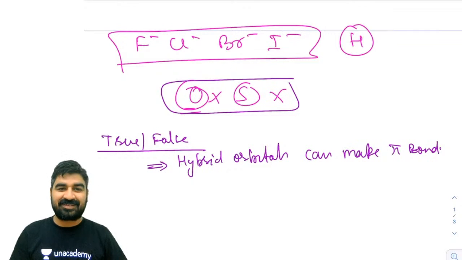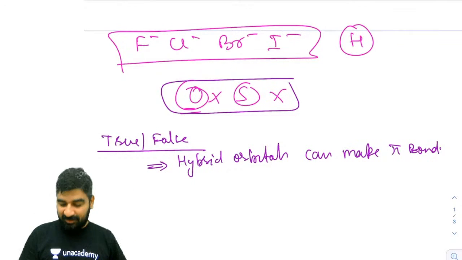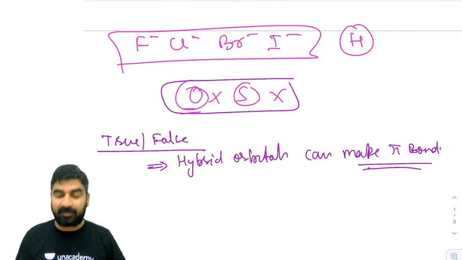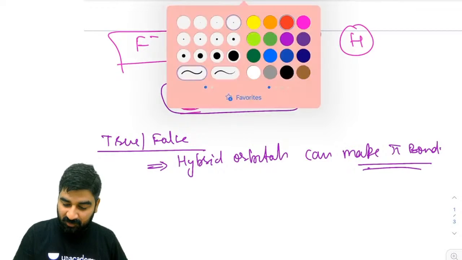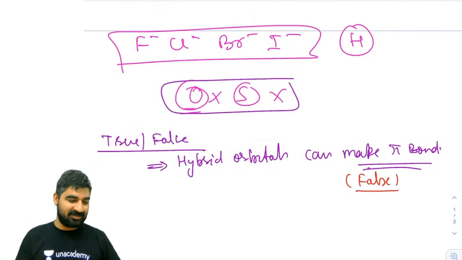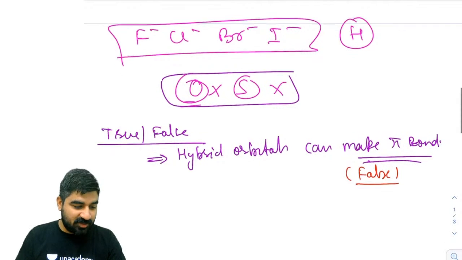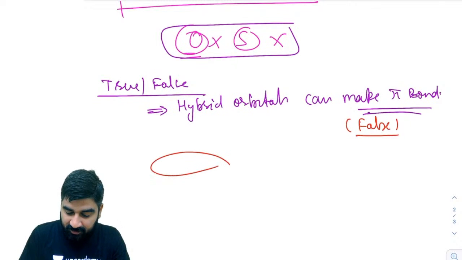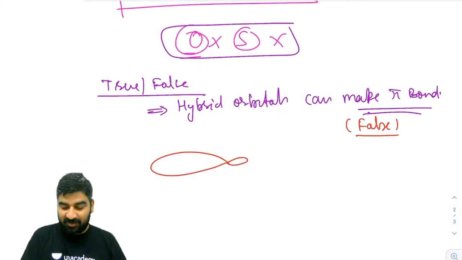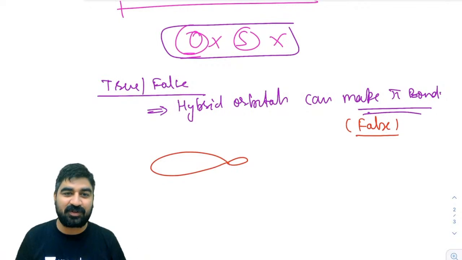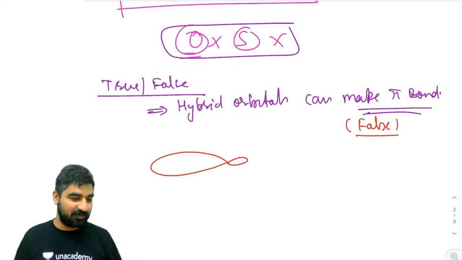Are you done with it? So, let me tell you guys here, hybrid orbitals can make pi bond. So this statement is false. Why is this false? Because the shape of a hybrid orbital is normally like this. It has a big lobe and a small lobe. So what can be done with the big lobe?